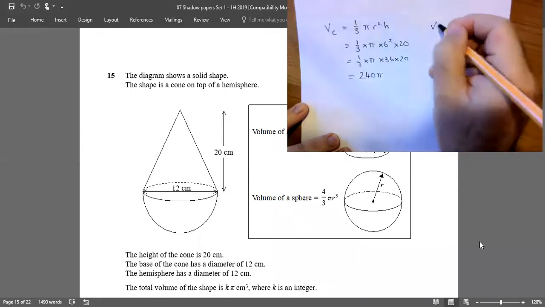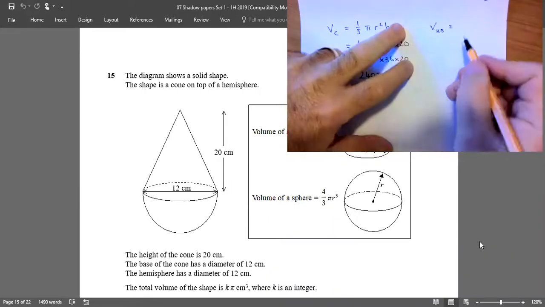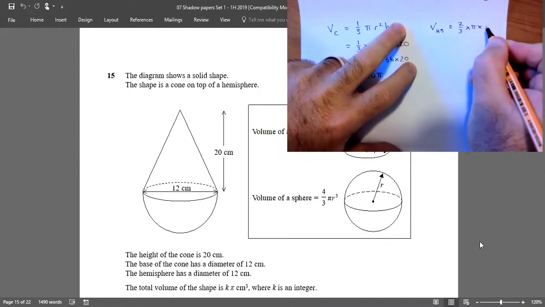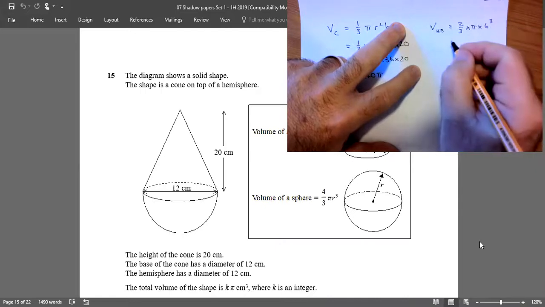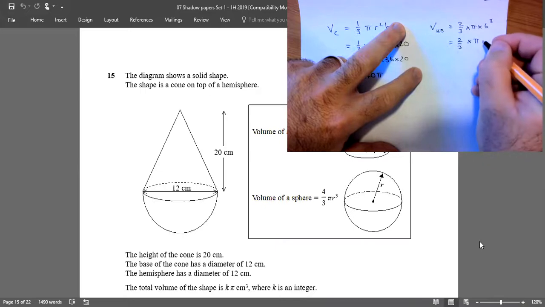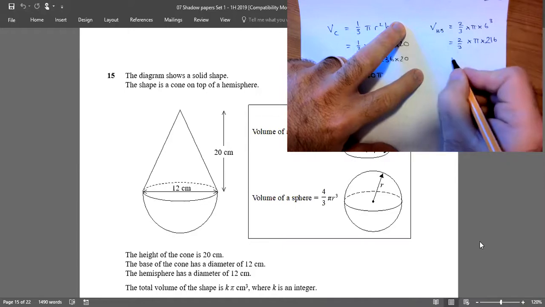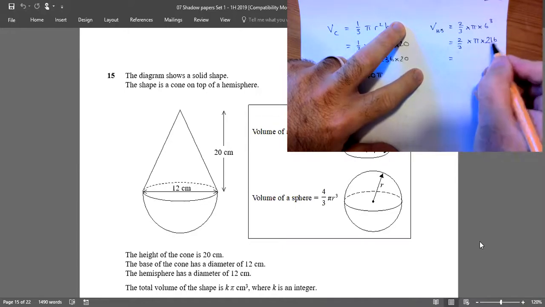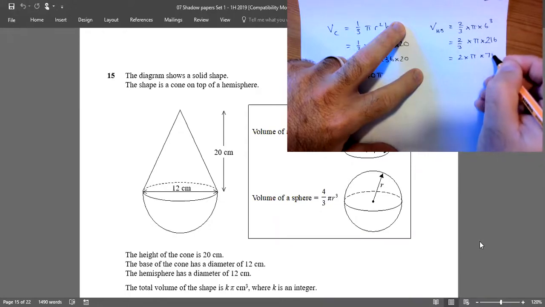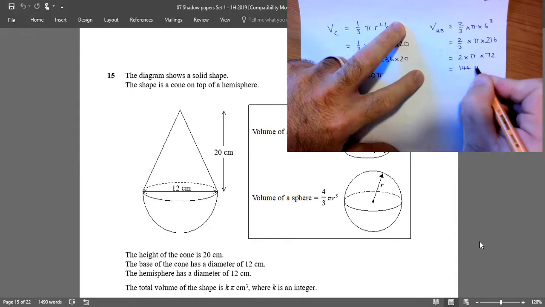So the volume of the hemisphere, well, the whole sphere is 4/3. So a hemisphere will be 2/3 times by pi times by my radius of 6 cubed. So 6 cubed is 216. 216 divided by 3 is 72. 72 times by 2 is 144 pi.